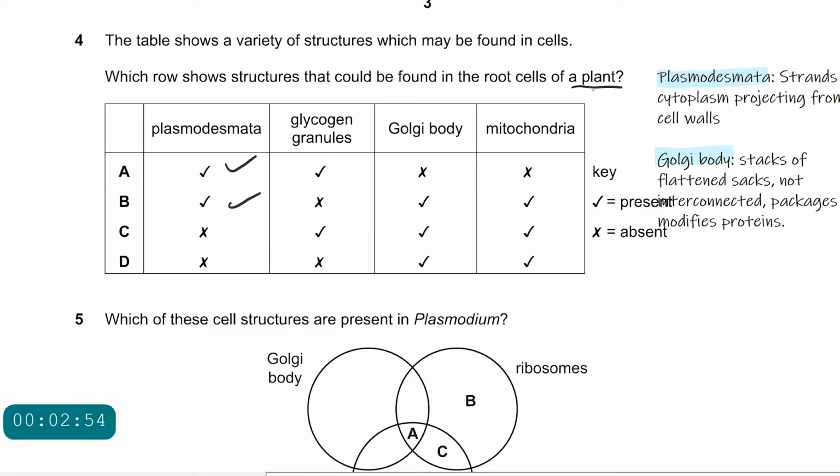Glycogen granules is the storage polysaccharide in animal cells only. Therefore, it's not in plant cells. Golgi body. Now, all eukaryotic cells do have a Golgi body, therefore it's correct. And plant cells also do have mitochondria, therefore it's also correct. Therefore, the answer is B.